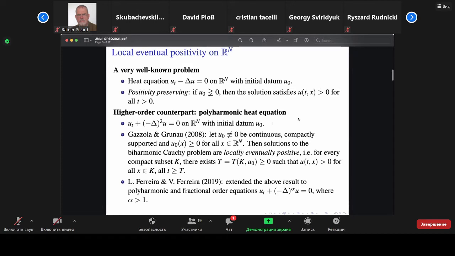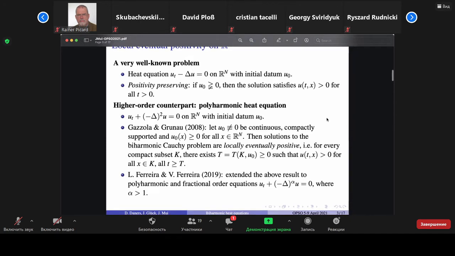And in 2008, there's a paper from Gazzola and Grunau where they prove this result. So let our initial datum be a non-trivial, continuous, and compactly supported function that is positive. So they observed that the solutions to the Cauchy problem are locally eventually positive.